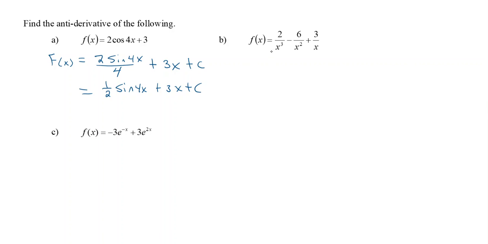So very first thing I'll do is just rewrite these with negative exponents. So we've got f of x is equal to 2x to the negative 3 minus 6x to the negative 2, and then plus 3x to the negative 1.